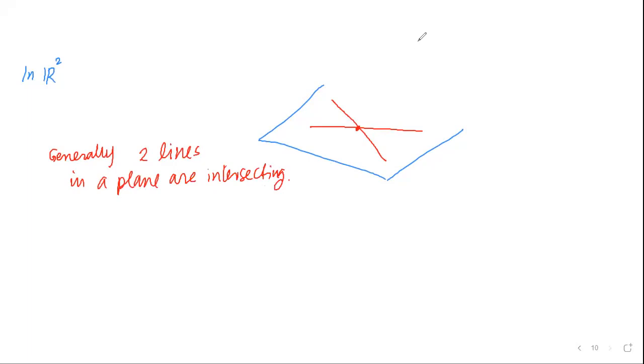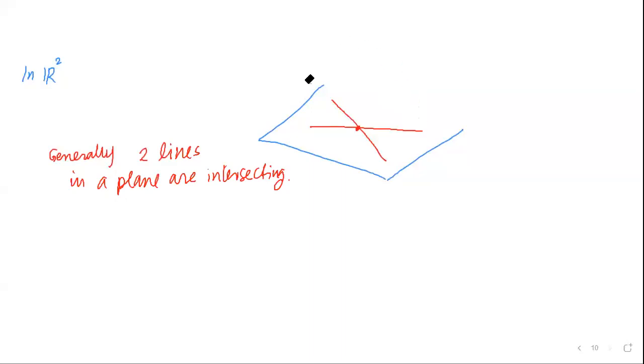For example, if you have two lines which are not intersecting, and you move one of them a little bit, for example two parallel lines, if I slide one of the lines a little bit, it becomes an intersecting line.